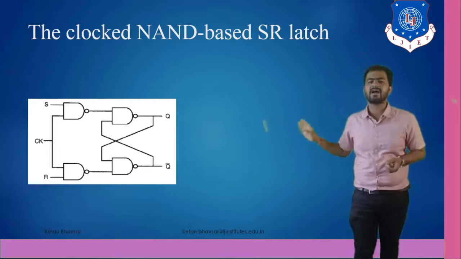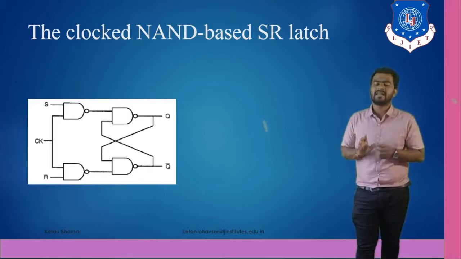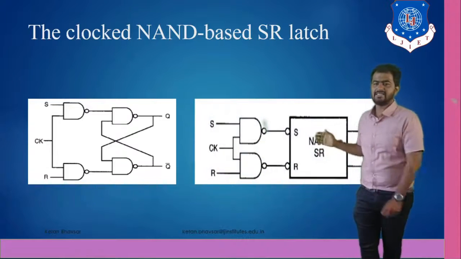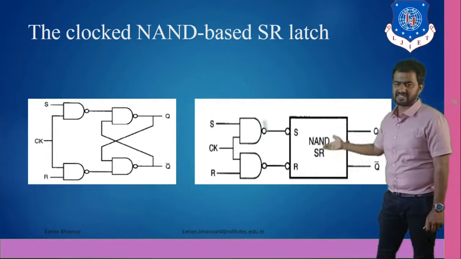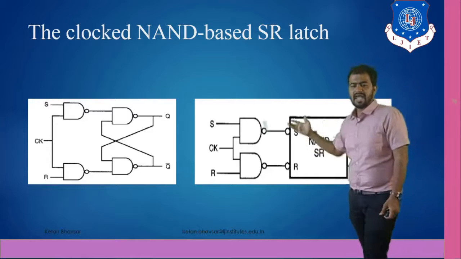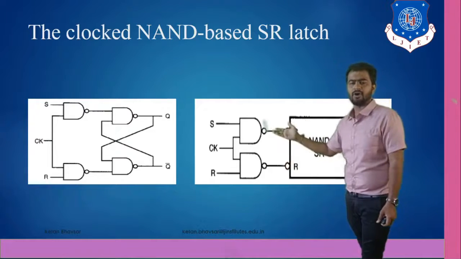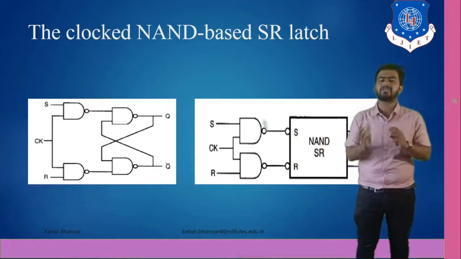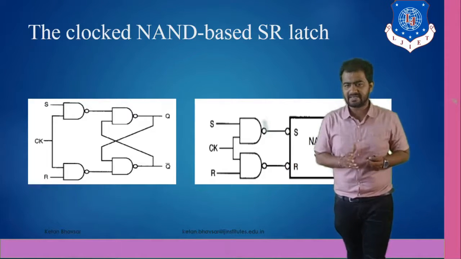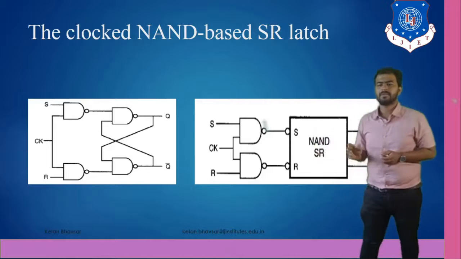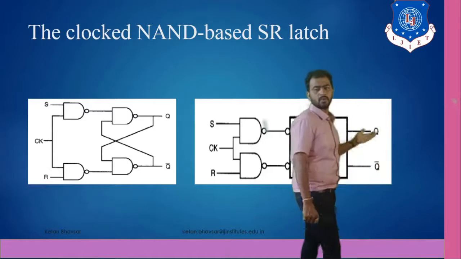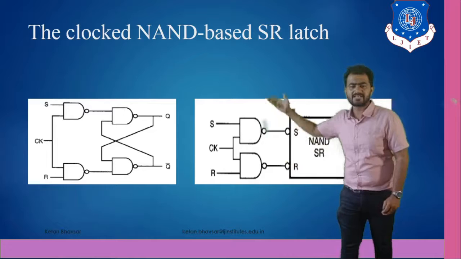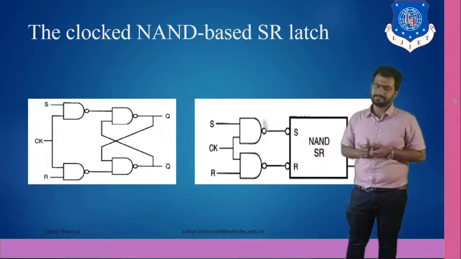So this is the diagram of the clocked NAND gate based SR latch, and it looks like this because the NAND gate SR latch we already did, and we just add this particular circuit of 2 input NAND gates, that is how we can convert a NAND gate based SR latch into a clocked NAND gate based SR latch. Okay. So as you can see on this side, it's Q and Q bar. Similarly, you can see the Q and Q bar over here.